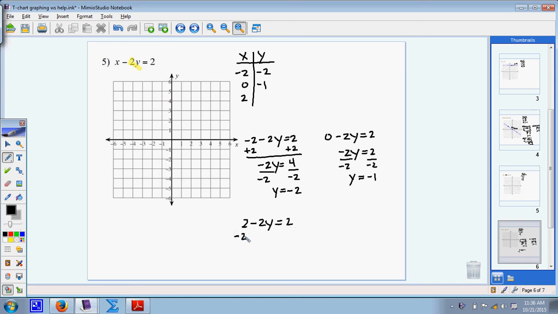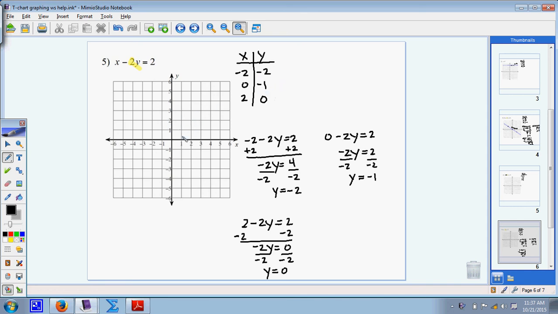Subtract the 2 from both sides. So that gives me -2y is equal to 0. Divide by -2. So y is equal to 0. And that should have been the number that you were predicting for your t-chart there.